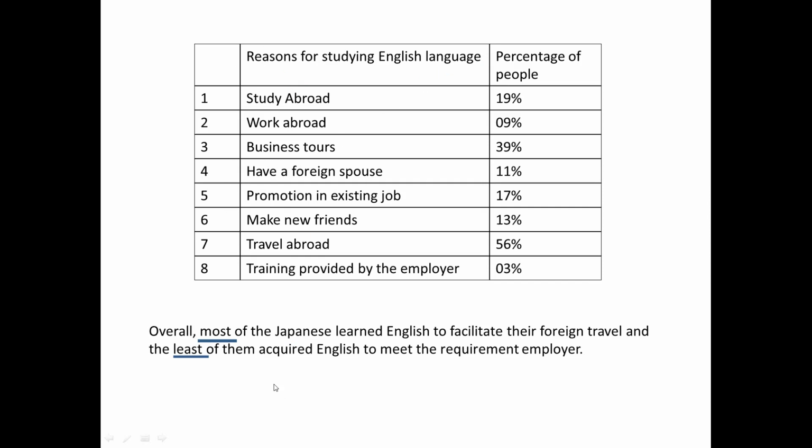So in overview, we just write the main striking feature of the graph or the table. Here I have written the reason that contributes most to learning English language and the reason that contributes least. So in overview, we have to write "overall" first, so the examiner gets that we have written the overview here.